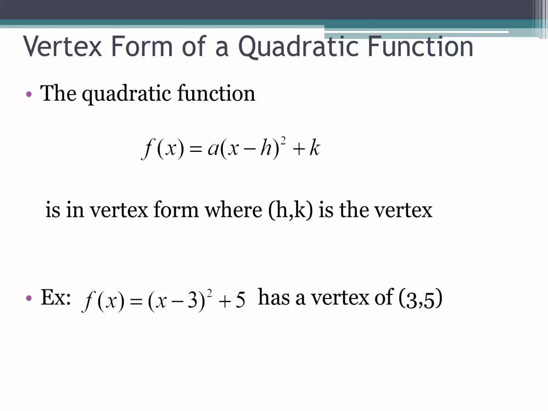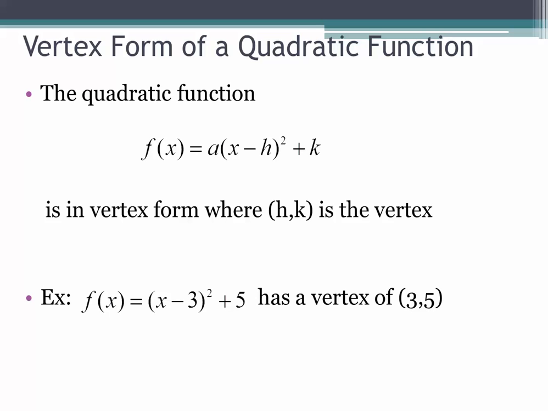When a quadratic function is in the form f of x equals a times x minus h squared plus k, this is said to be the vertex form. It's the vertex form because the h, k is the vertex. It's right there in the formula. There's no need to use the formula for finding the vertex because the h, k, or the vertex, can be plucked right out of the function in the vertex form.